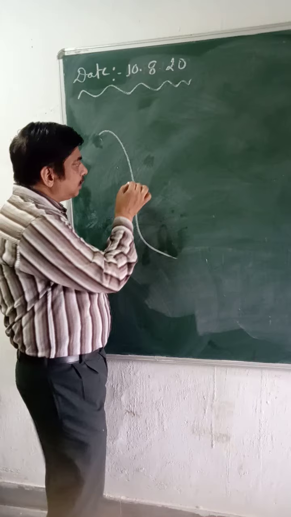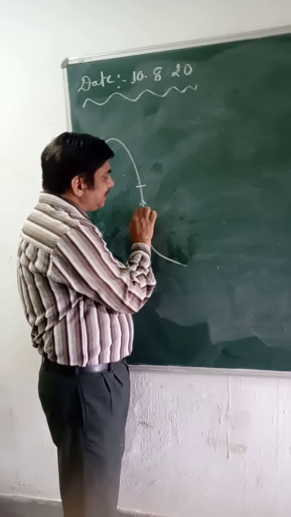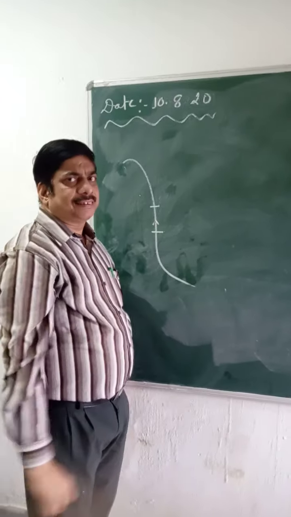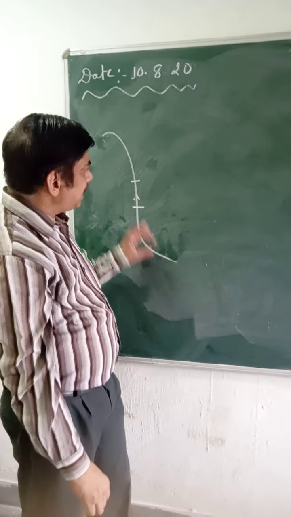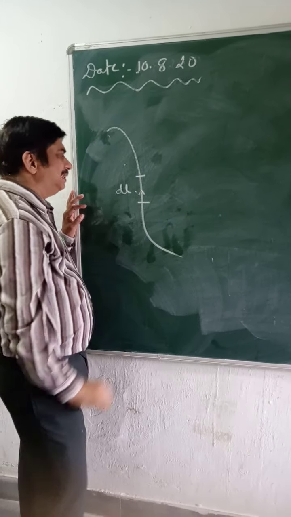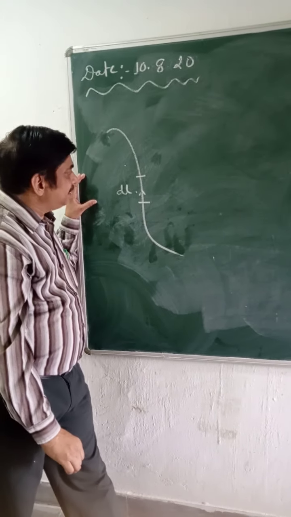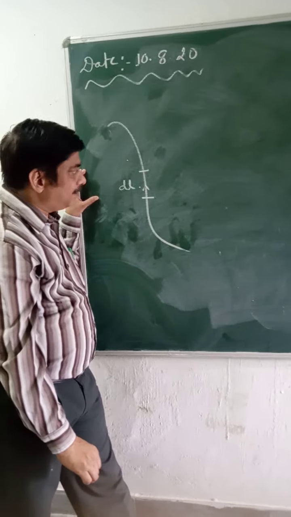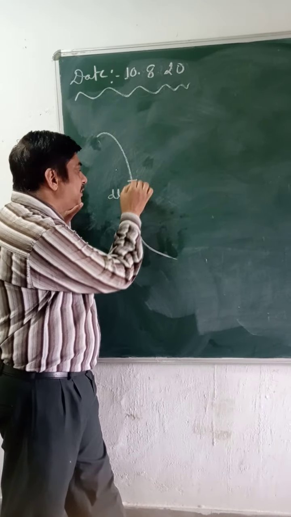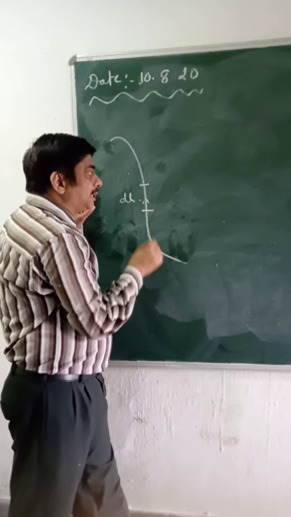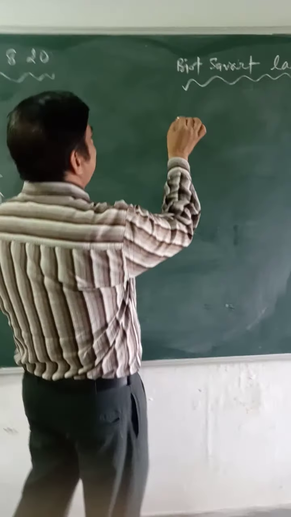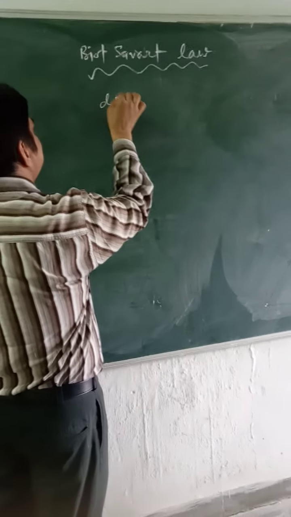This conductor is divided into infinite parts, and the length of one part is considered as dl, so that the magnetic field due to this element can be represented by dB, a small magnetic field.